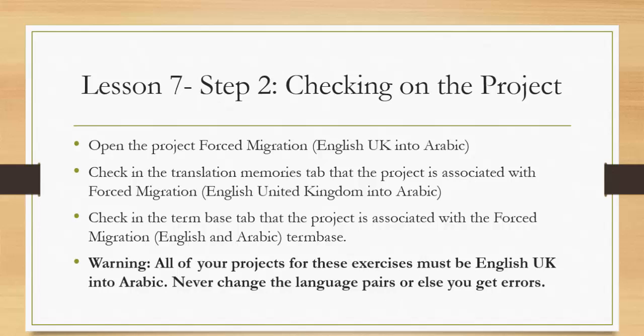Otherwise, there will be errors. If you choose other pairs and here you choose the United Kingdom English, for example, and while in the previously created project you used the United States, you will have some errors and nothing will work. So please, for the sake of exercise, just stick to the language pair that we have decided, which is English, United Kingdom, and Arabic.